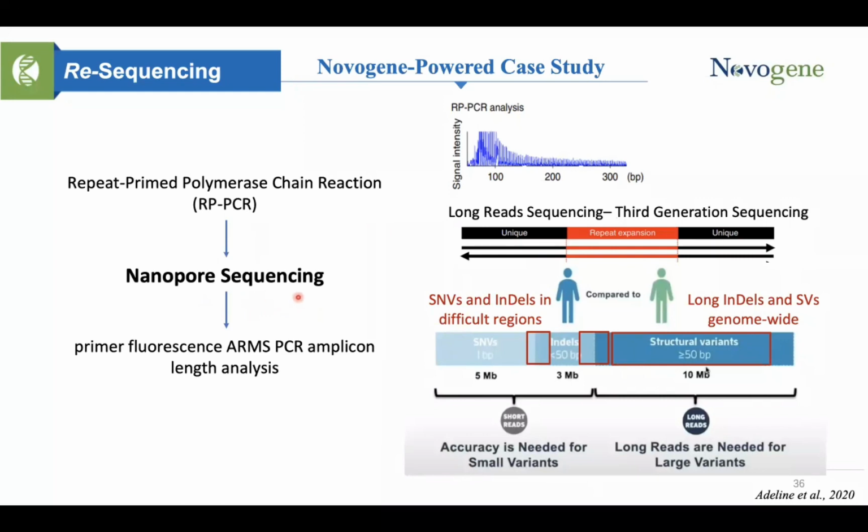This is nanopore sequencing, capable of detecting complex SVs with high sensitivity and specificity in difficult regions, which is a severe limitation of NGS due to the short sequencing length. Then in the study, they carried out fluorescence amplicon length PCR analysis.